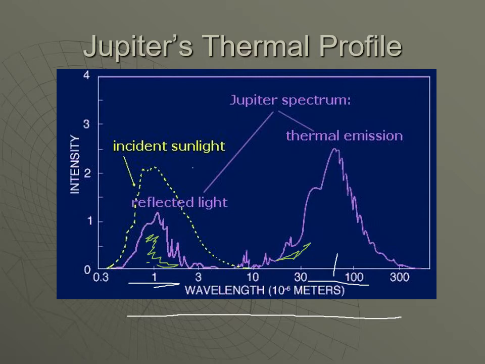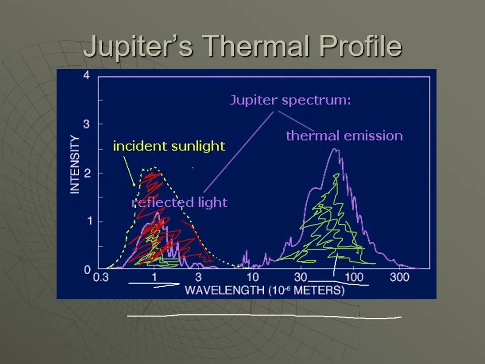The area under the curve of intensity per wavelength is related to the total energy output, or the total power output, total energy per second. So the area under that curve should be the same as the area under this curve.